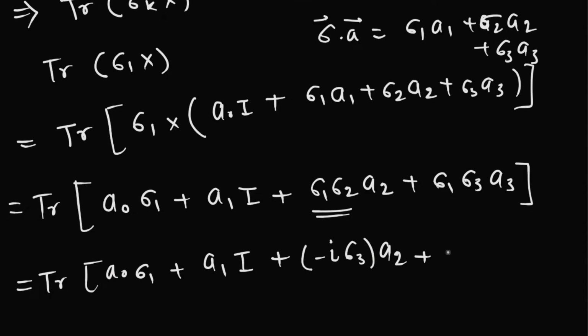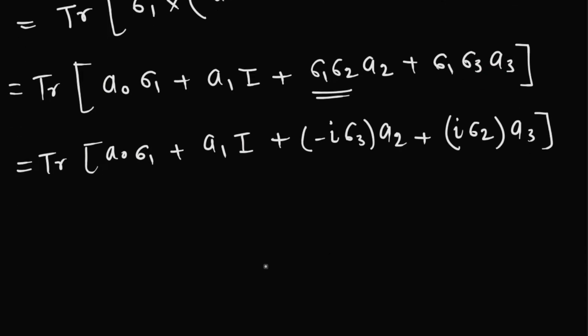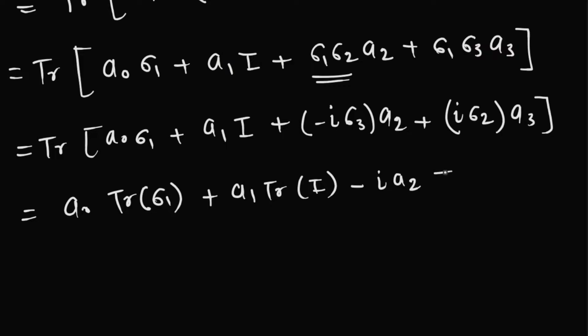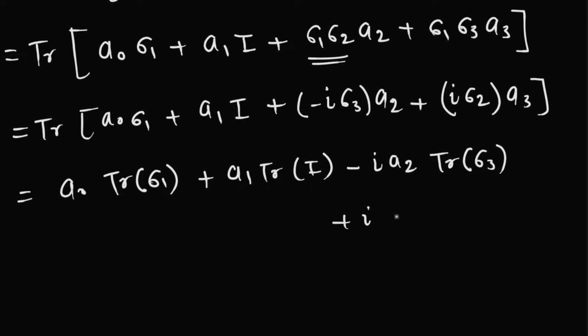That means we'll get I sigma 2 into a3. That is a0 trace of sigma 1 plus a1 trace of I minus I a2 trace of sigma 3 plus I a3 trace of sigma 2.